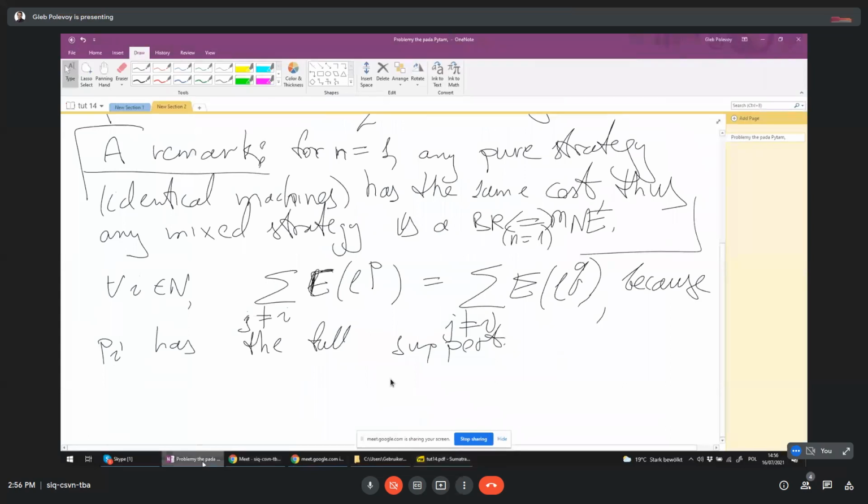So PI has full support. Therefore, what the other players create is basically the same. And that happens for every player. What the others do is the same.